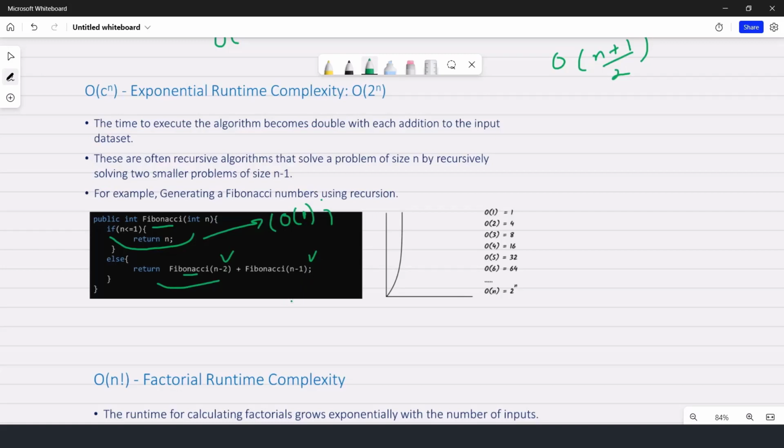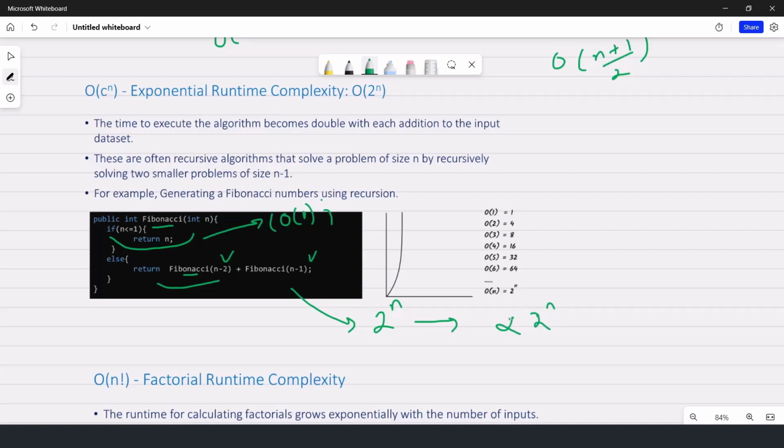So the number of nodes in the binary tree structure is approximately 2 to the power n. As each node branches into two recursive calls, the number of recursive calls by the Fibonacci function is proportional to 2 to the power n.